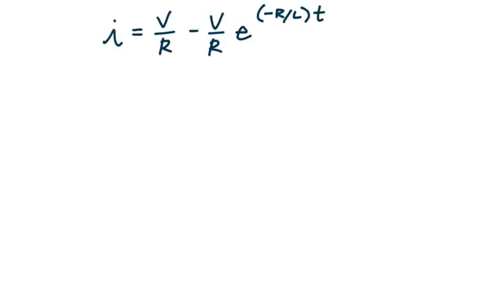If we acknowledge that both my R and L values are positive, and we have negative R over L, so a positive over positive would remain positive, negating it, negative R over L is a negative value.